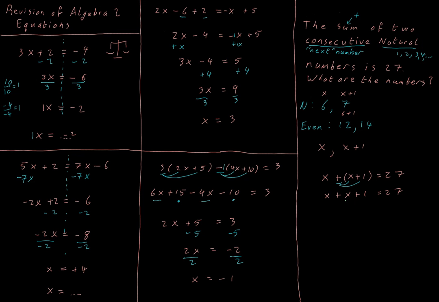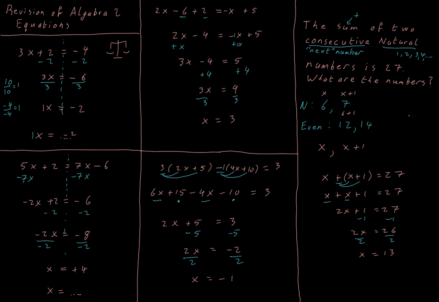And I have x plus x is going to give me 2x plus 1 is equal to 27. I want to get rid of that 1. 2x is equal to 26. So I need to divide both sides by 2, and I get 13.